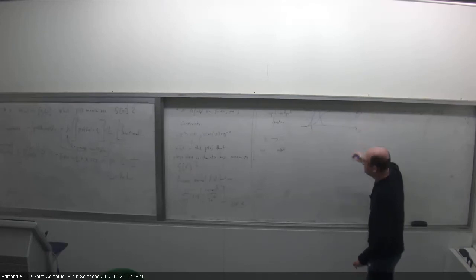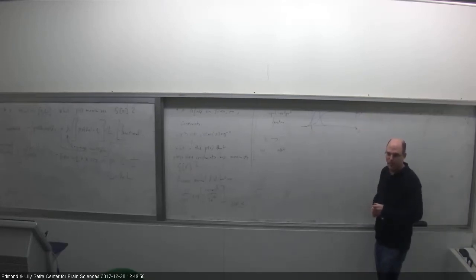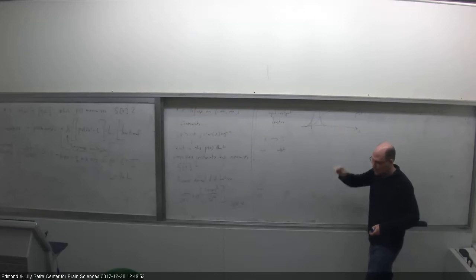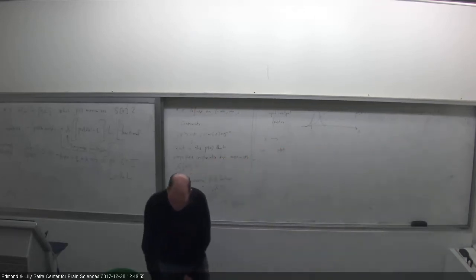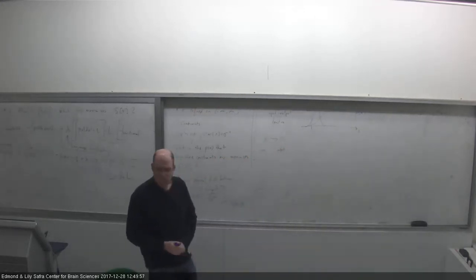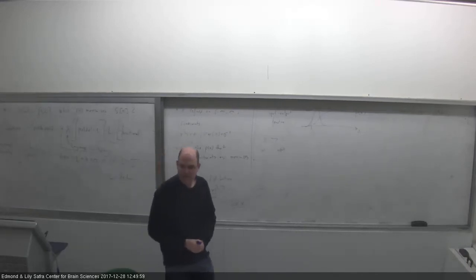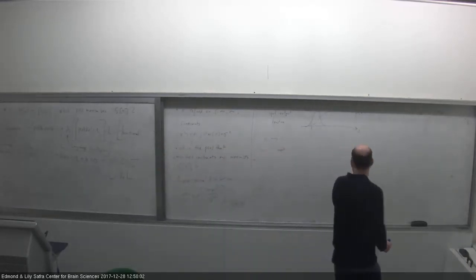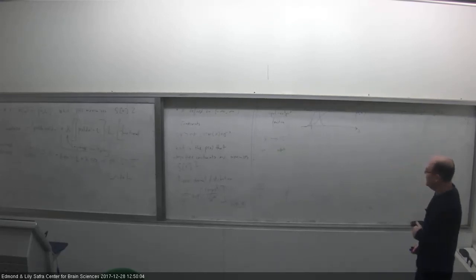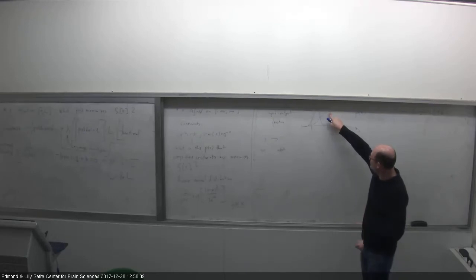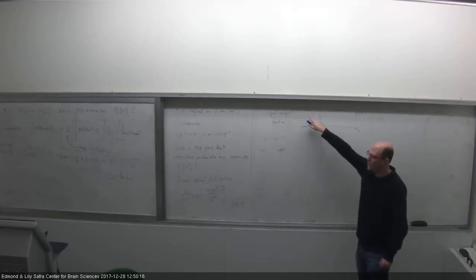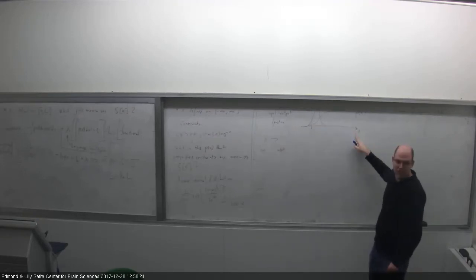This is P of X. Two different scales, it's not the same quantity, but I just want to draw them together. Simon Laughlin hypothesized that this input-output relationship is somehow tuned to this distribution in order to maximize the information that this sensory neuron is representing about X.